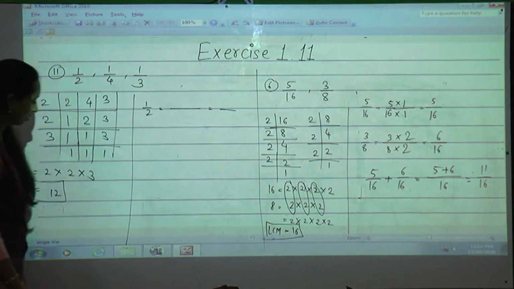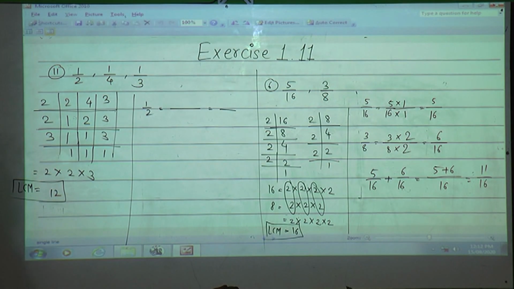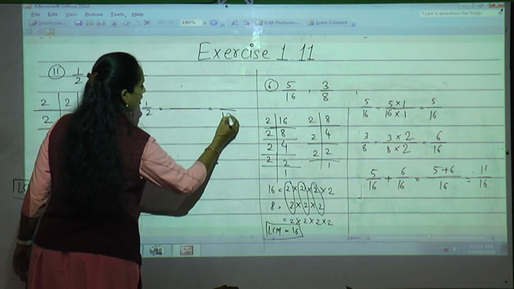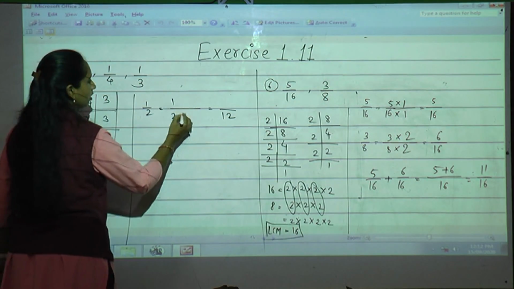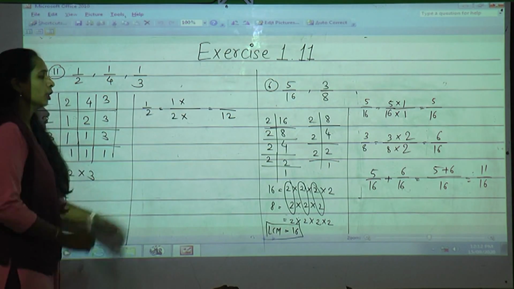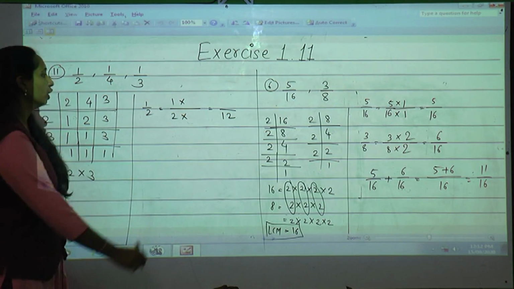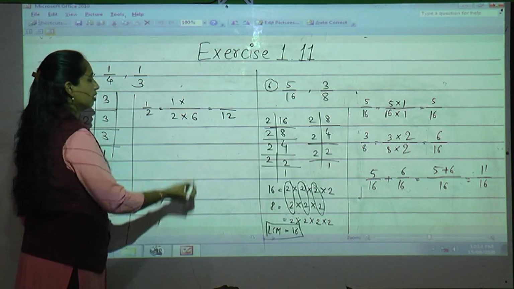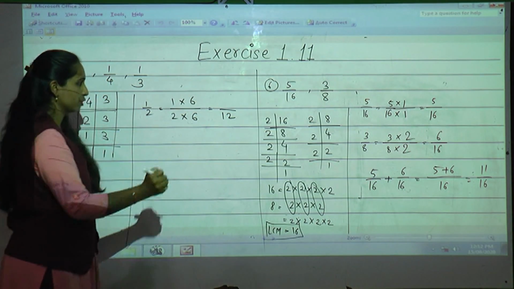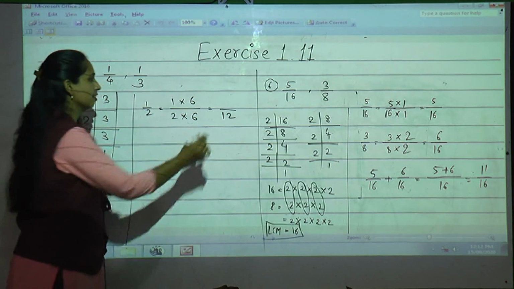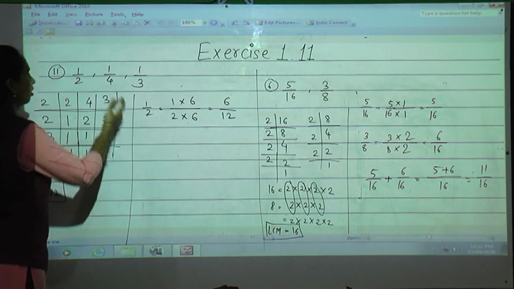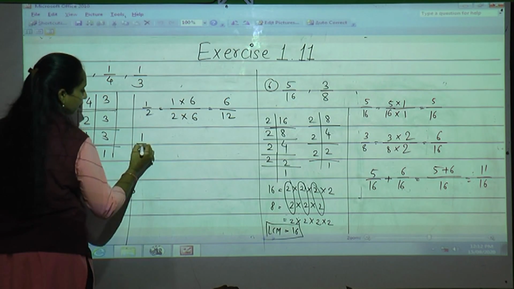What should come in the place of denominator? LCM, that is 12. So write here 1 upon 2 multiplied by... Now 2 multiplied by what that we get 12? 2 6s are 12. So write 6 in the place of numerator also. 1 6s are 6.